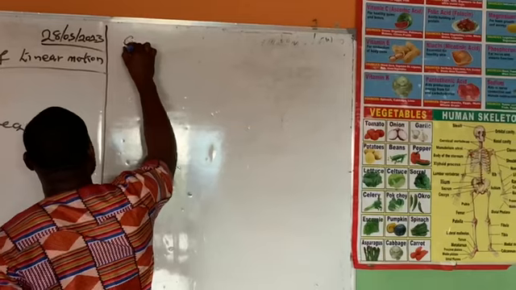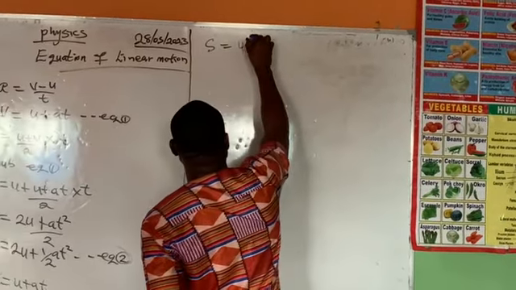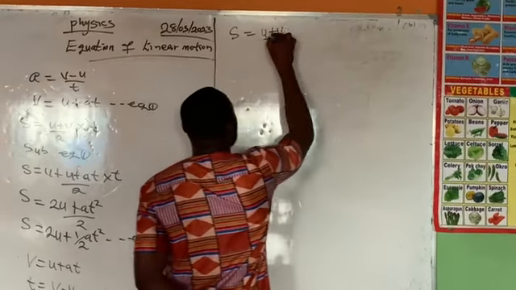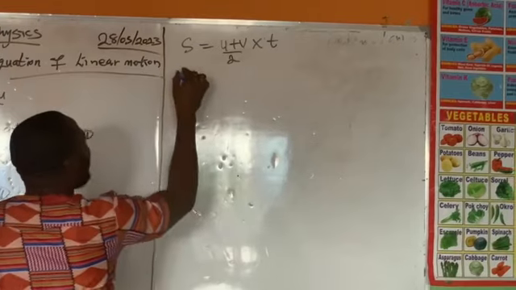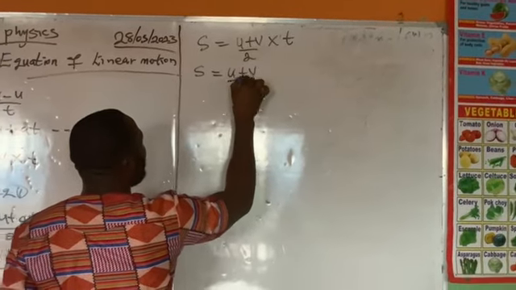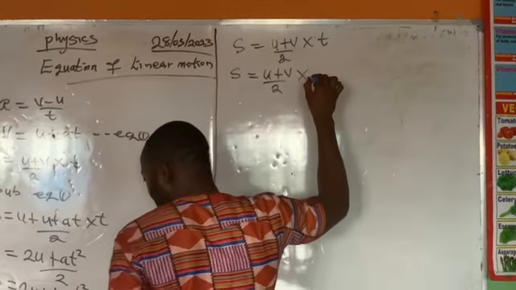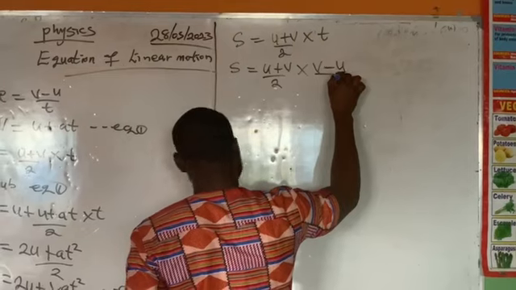Recall that displacement s is equal to average velocity times time. That is u plus v over 2 multiplied by time. I have that s is equal to u plus v over 2 multiplied by v minus u all over a.